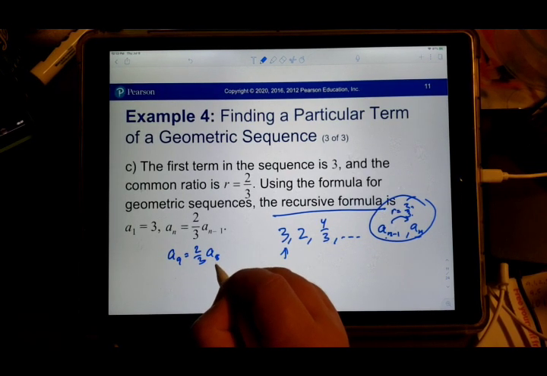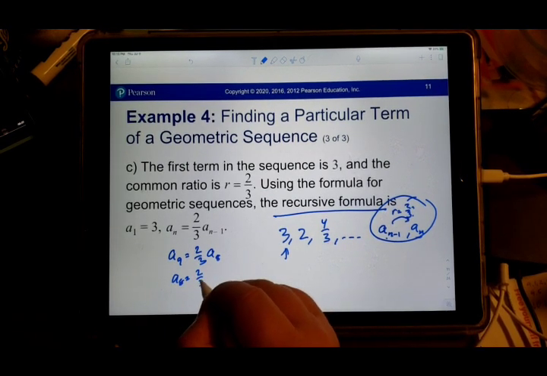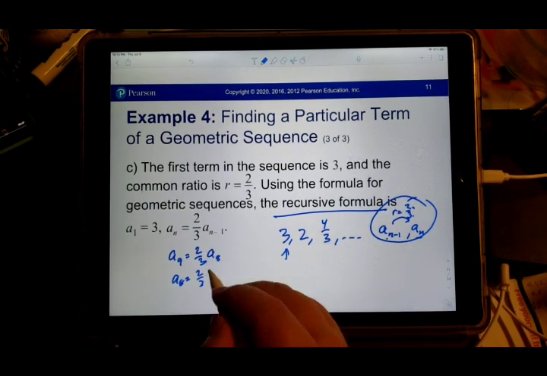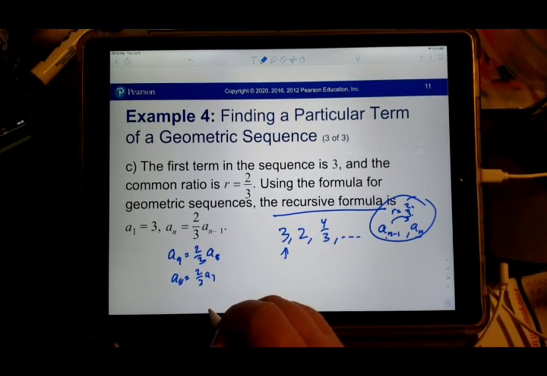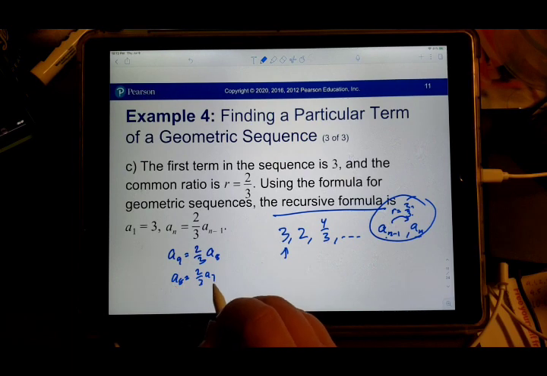Well, what if I don't know a sub 8? Well, I'd have to find it. A sub 8 is 2/3 times a sub 7. So I'm just kind of chasing this all the way down. I can't find a sub 9 without a sub 8. I can't find a sub 8 without a sub 7.